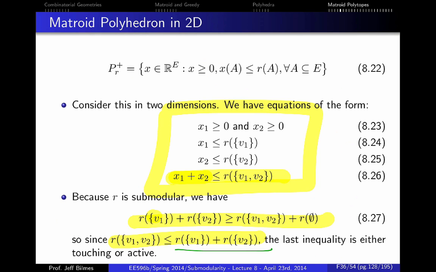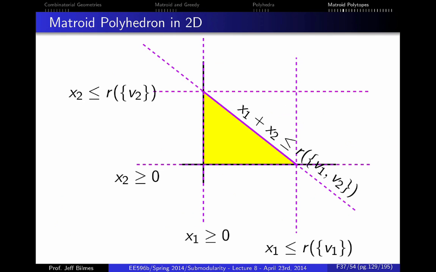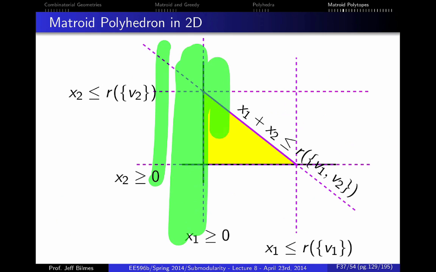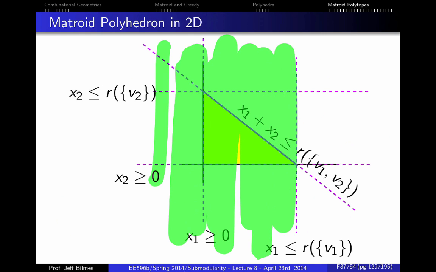But let's just say that they're dependent and their rank is 1. And so that would mean that it's actively constraining the set of points. And so here's an example of that case. First of all, the first inequality, x1 less than or equal to r1, is all of these points here, right?